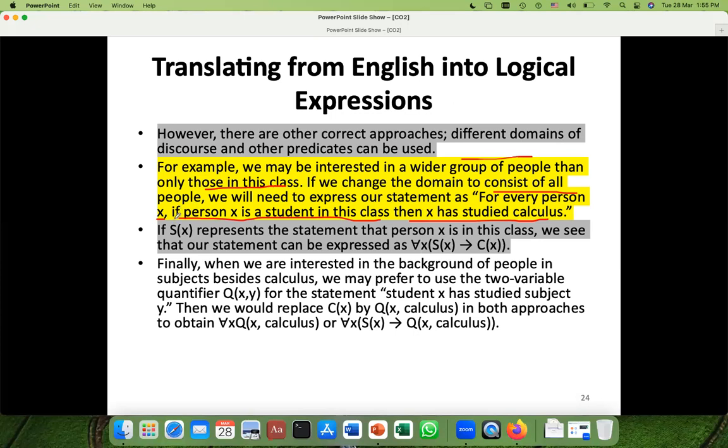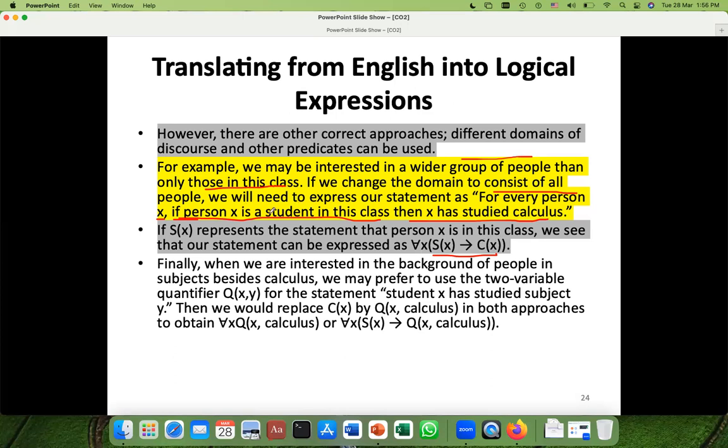And this portion of the sentence is if, then, which is what? Conditional statement, implication, arrow, the if-then portion. So then we can write this like that: S of X implies C of X. Here X means if X is a student, then X has studied calculus.